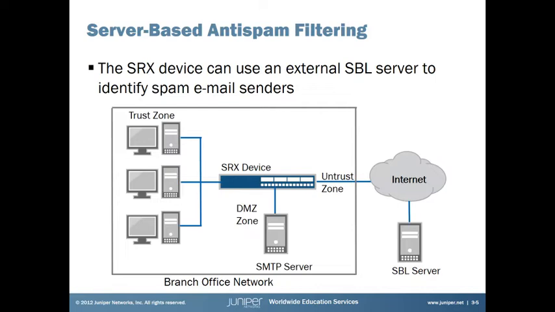Now, of course, if you are using your ISP's mail server, there are anti-spam filters that your ISP will have that will do this for you as well. But if you've got your mail server behind your firewall, then this can be set up on your firewall.